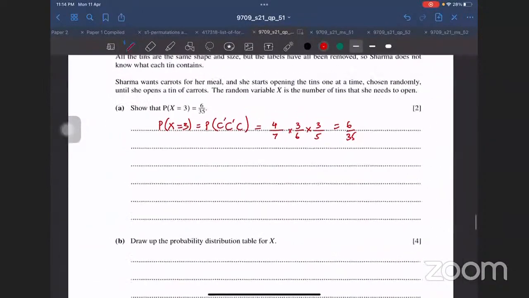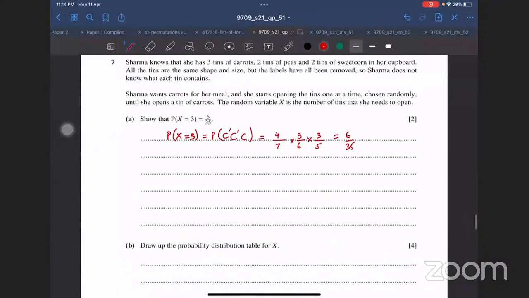It says draw up the probability distribution table for X. Now, interestingly, X is the number of tins that she needs to open till she gets a carrot. If she is very lucky, she's going to get a tin of carrots on the first attempt. If not, the second attempt. If not, maybe the third attempt.